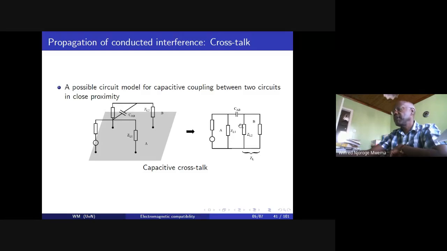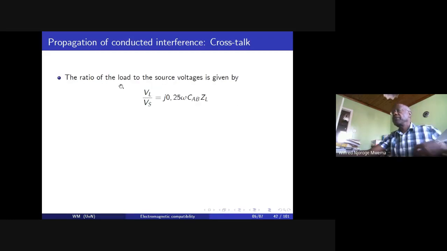And this therefore gives us a value that we can look at this circuit as follows. We have circuit A, and we have circuit B, and we have CAB connecting the two. So the ratio of the load to the source voltages is then given by VL by Vs equal to j omega CAB multiplied by the load ZL, which is the circuit B impedance.